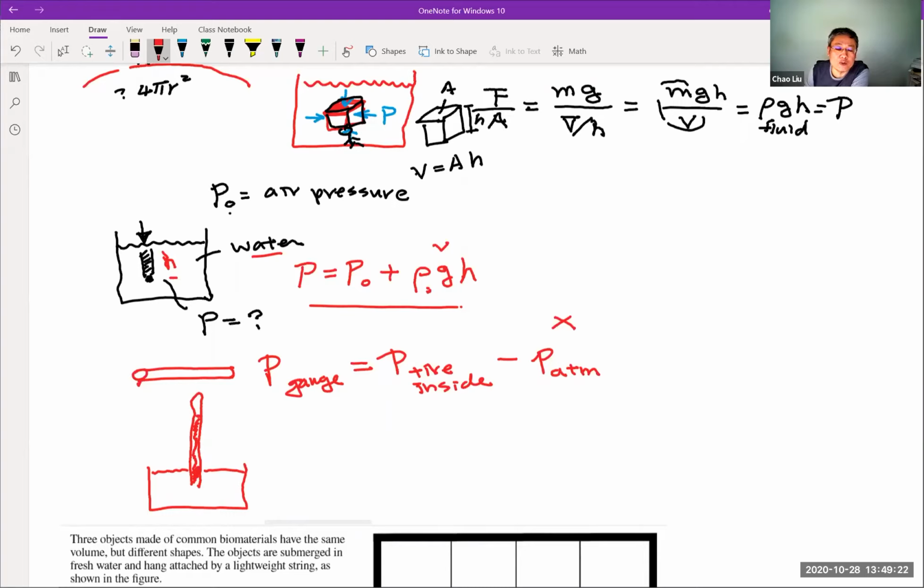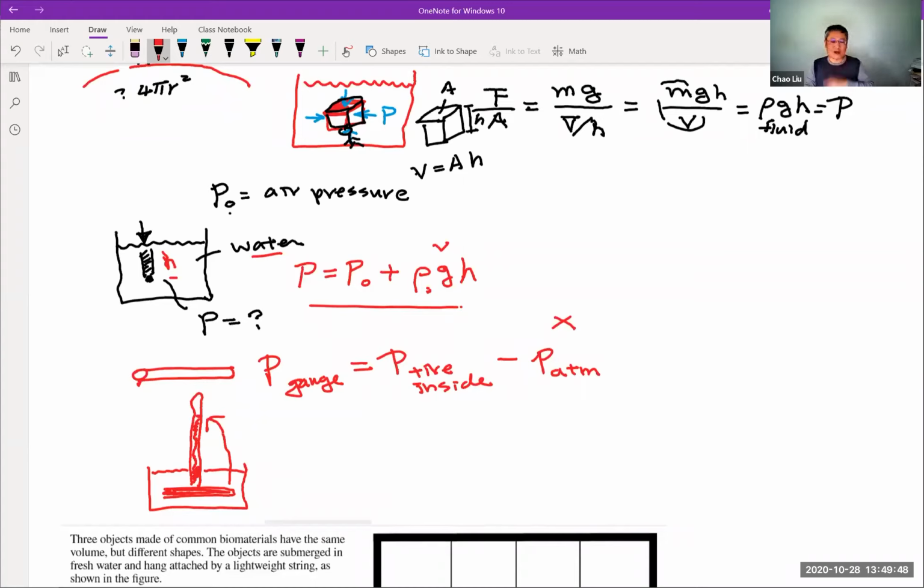So when you submerge the tube, inside the tube should be the same mercury as outside of the tube. Once you fully submerge it and get the air out, you lift this one up. When you lift this one up, the height of this mercury will start to drop down.